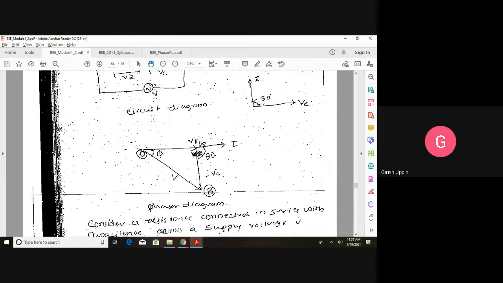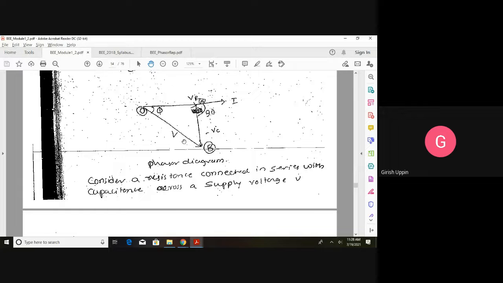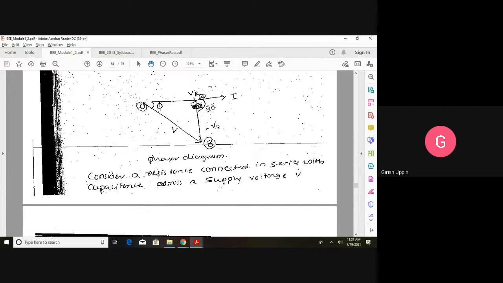From this phasor diagram, the applied voltage V is equal to Vm sin omega t, and the resulting current I is leading the voltage by an angle phi. If V is Vm sin omega t, then I is equal to Im sin (omega t plus phi). That is how we can infer. And V is equal to the square root of VR square minus VC square.